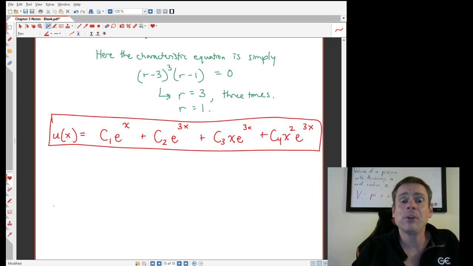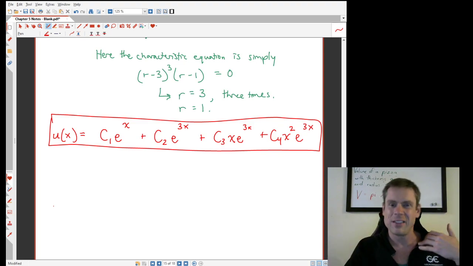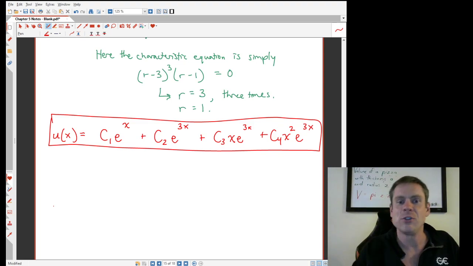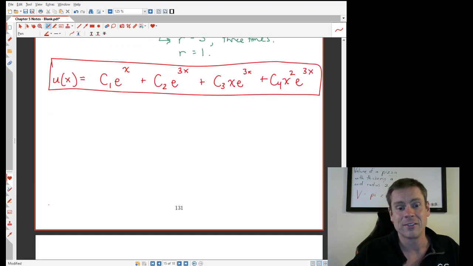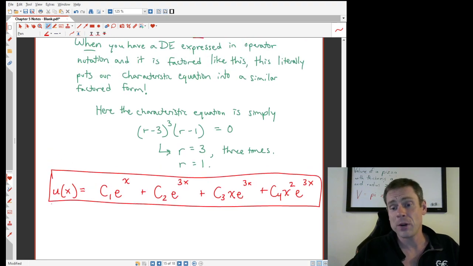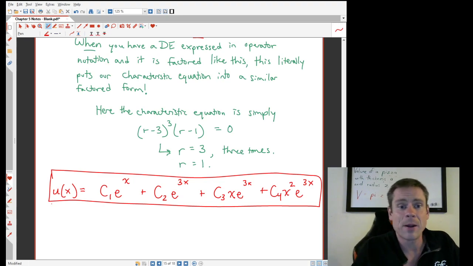So yeah, being able to go back and forth between operator notation and the standard notation using primes and stuff like that can be really helpful, especially when you're dealing with equations presented like this. That's pretty much it for this section, and that will do it for this chapter. There's a lot of really good practice with the for you to try problems, so I suggest that you do it.